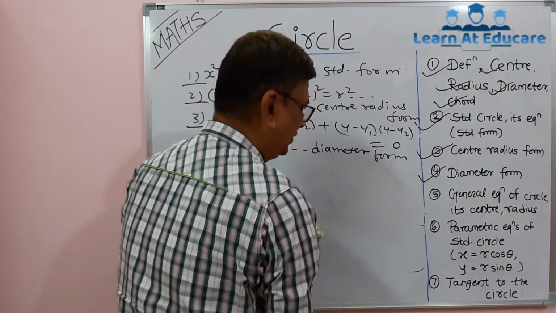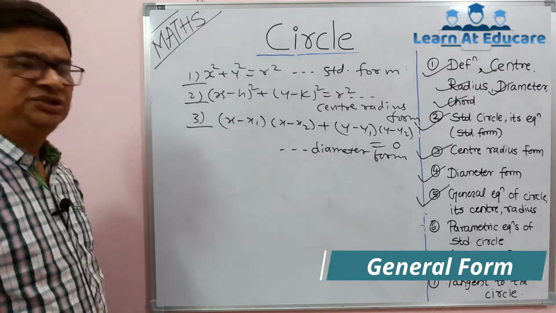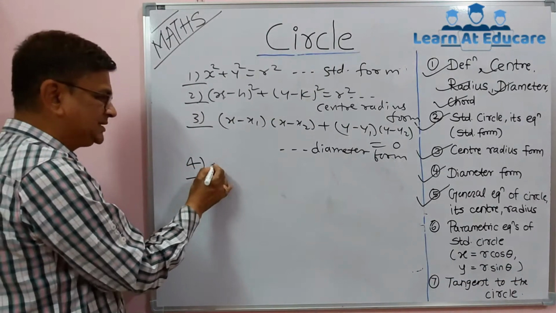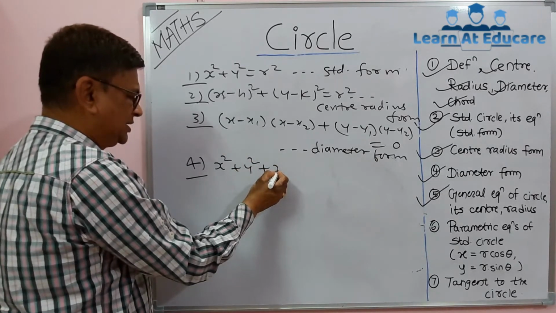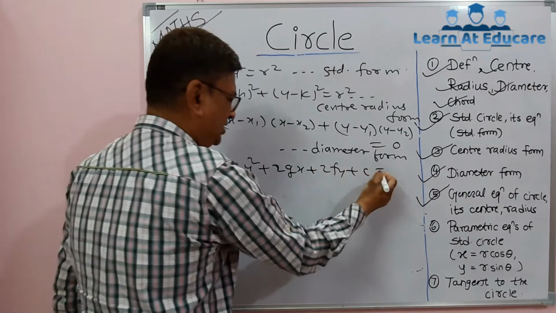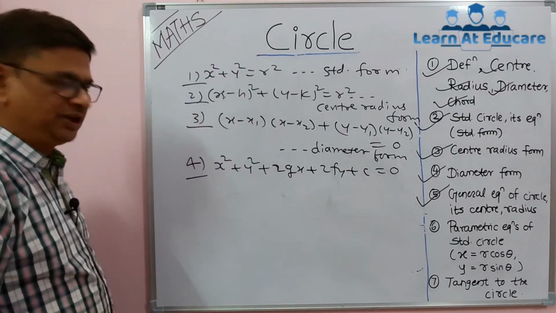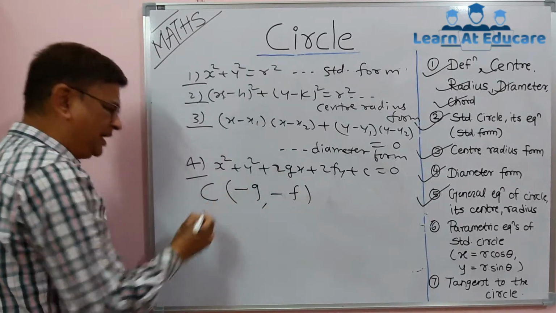Then the next is the general form of the equation of a circle. The general form of the equation of a circle is given by x square plus y square plus 2gx plus 2fy plus c equal to 0. Remember, this circle has the center (minus g, minus f).